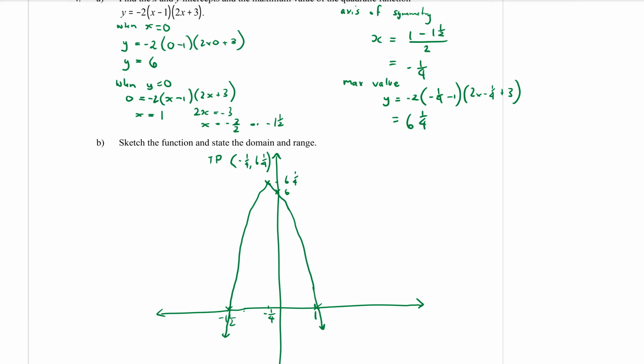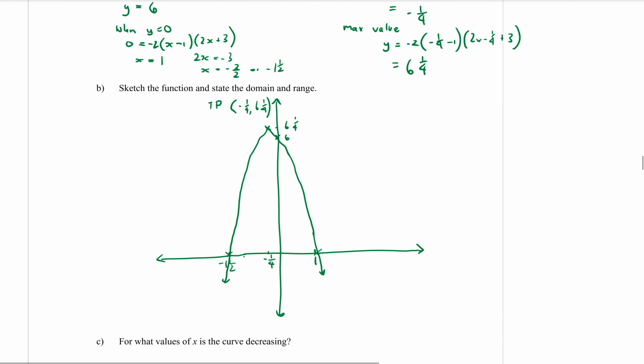One last bit. For what value of x is the curve decreasing? Oh, you've got to read the question carefully. No, for B, domain and range. All right, domain and range. What is my domain?